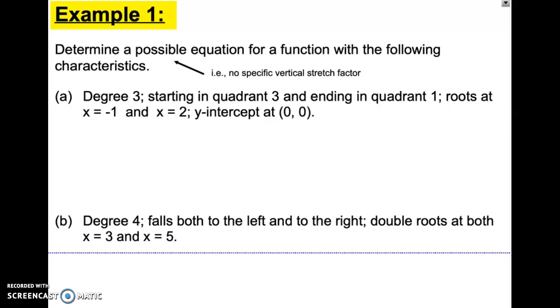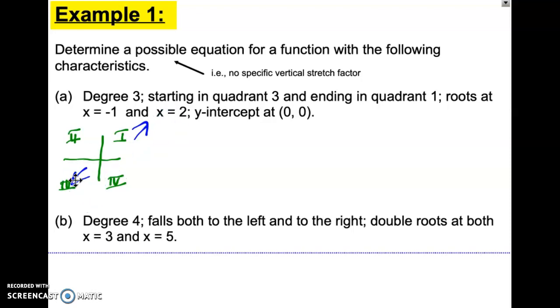For question A, it's a degree 3 function. It starts in the 3rd quadrant and ends in the 1st quadrant. If we were to draw that out, quadrant 1, 2, 3, and 4, it starts in quadrant 3, ends in quadrant 1.